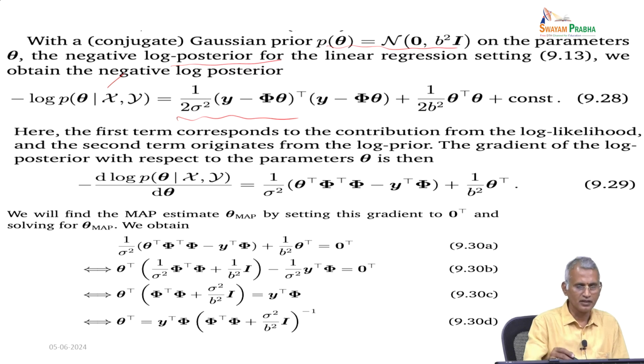Here the first term corresponds to the contribution from the log likelihood, and the second term originates from the log prior.